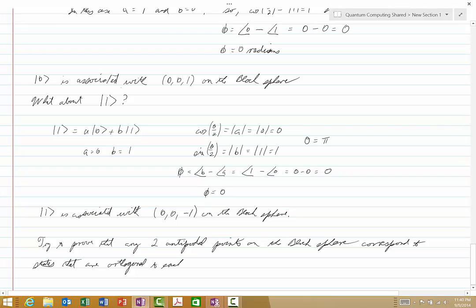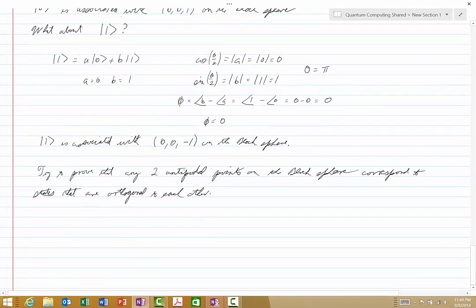This will give you practice with the Bloch sphere idea and also practice with the inner product. So we'll practice both of the ideas that we've been discussing in this lecture.